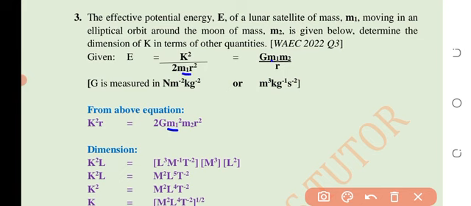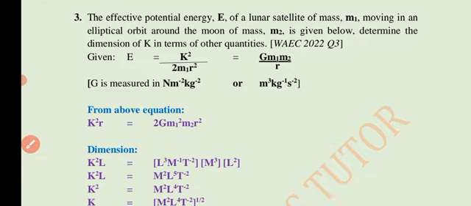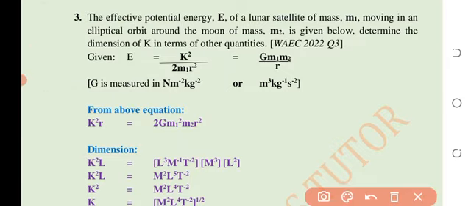That will give us m square, and we also have our R. Now, bringing in the dimension of capital letter G into this equation, this is the dimension of our G, and G is occupying this position, so we need to break it down bit by bit. This dimension here represents the dimension of G.